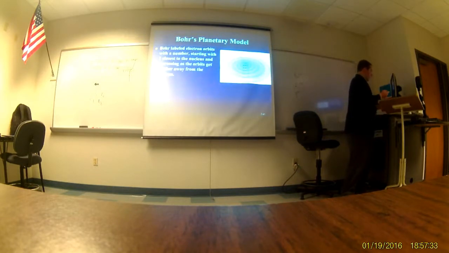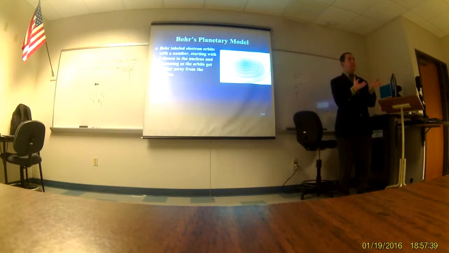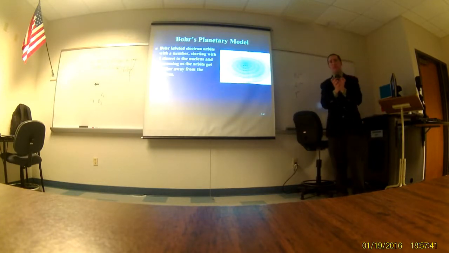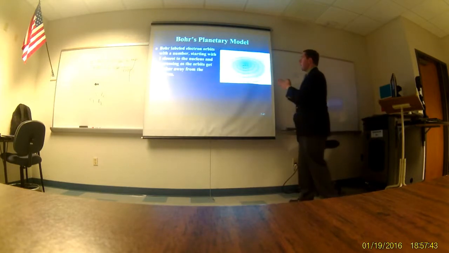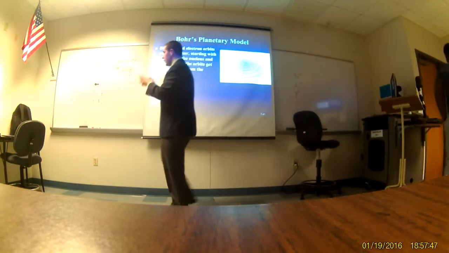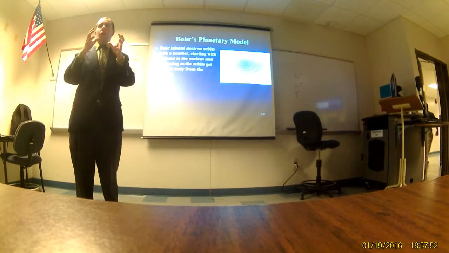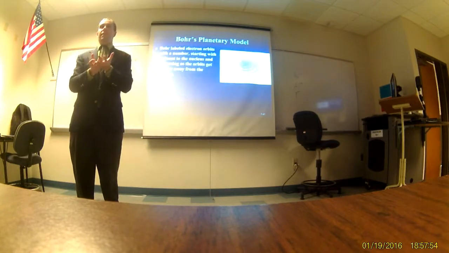Okay. So we just talked about valence electrons. We said valence electrons are on the outside of this cloud. In order to really talk about what valence electrons are, we need to have a better picture of what the outside of a cloud looks like.